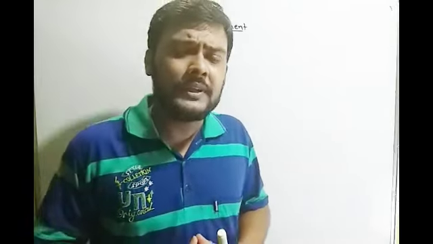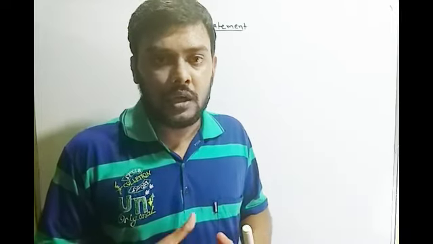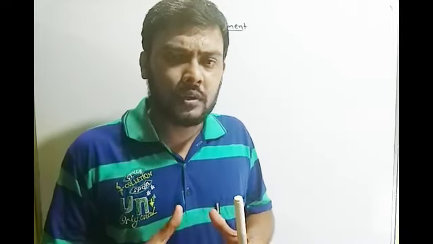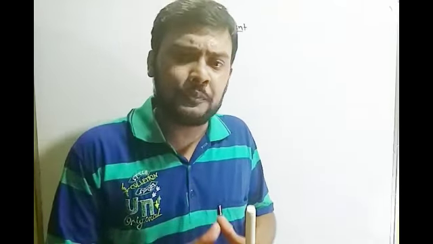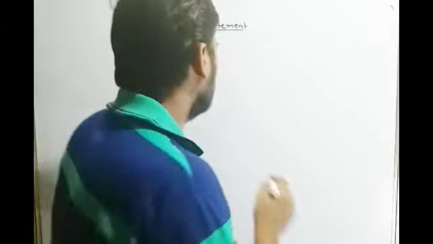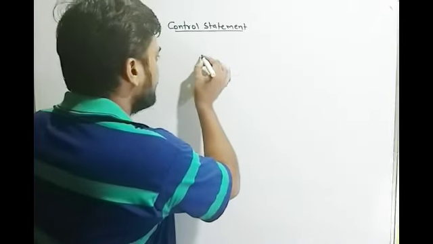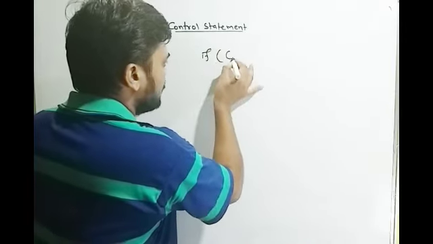In this particular video, we will understand only the if and if else statements. Before that, we already understood the logical and relational operators, because those two operators are very crucial for the condition. First of all we understand the if statement. The syntax is: if condition.